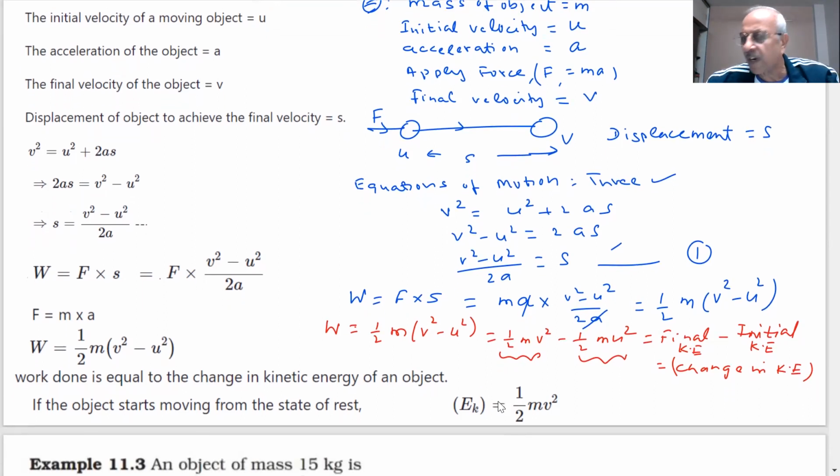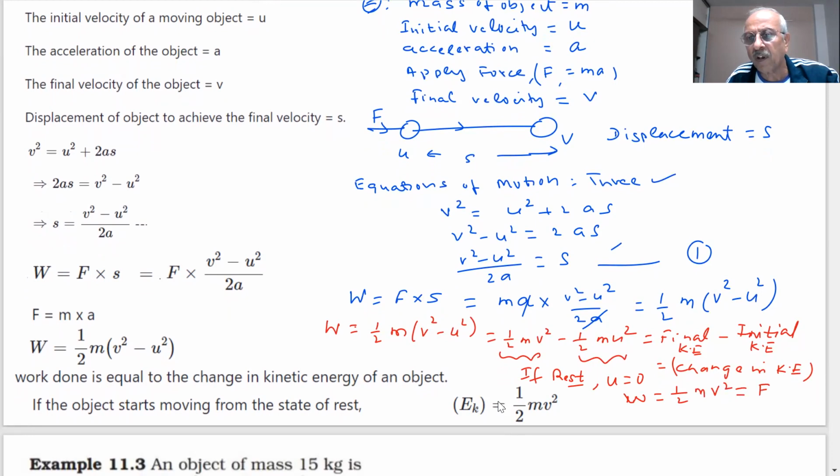And if I say, student, object was initially at rest. If object was at rest, what will be U? 0. If U is 0, then what will the work done be equal to? If U is 0, the work done will be equal to half mv square.